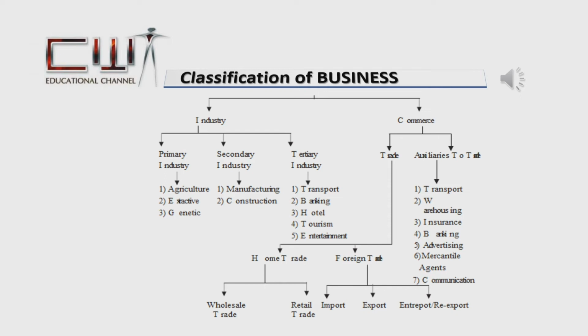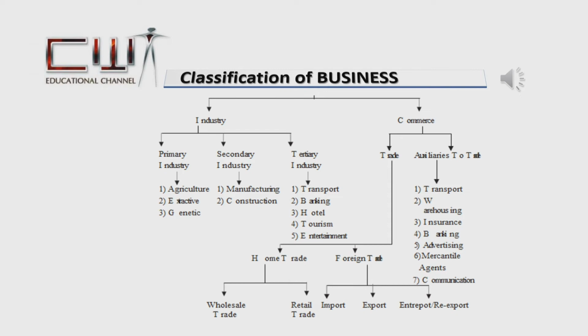Industries may be divided into three broad categories: primary industry, secondary industry, and tertiary industry. Primary industry is concerned with nature. It is a nature-oriented industry. The products of primary industry may be used as input of secondary industry.